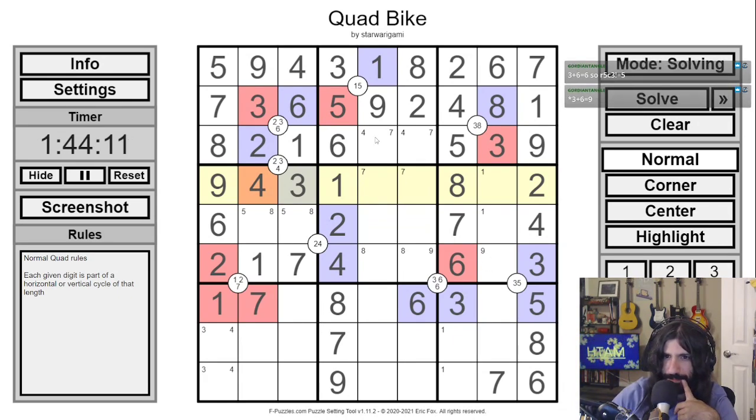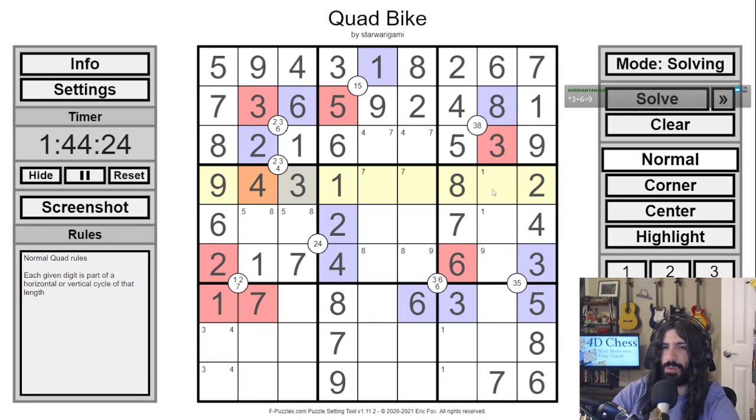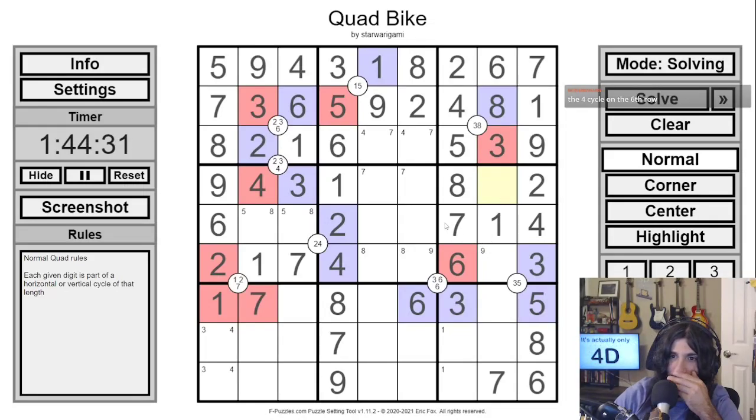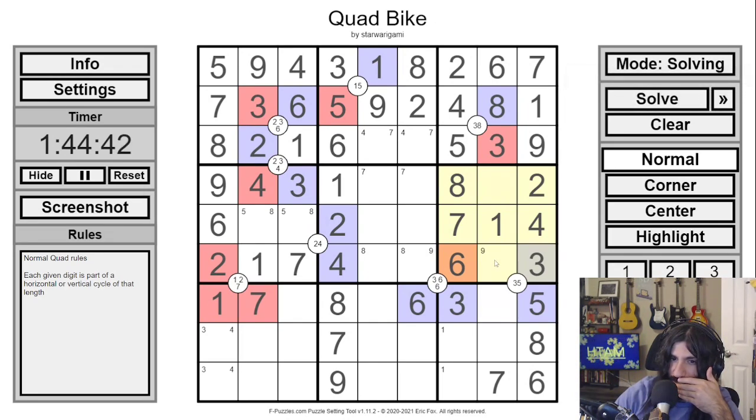One of these is a 9. That doesn't really help. So we need a 7. Oh. Then this has to be a 1, apparently I already solved that some time ago. So what do we need in here? There's a 9 that we need and a 5, right? 9, 5.